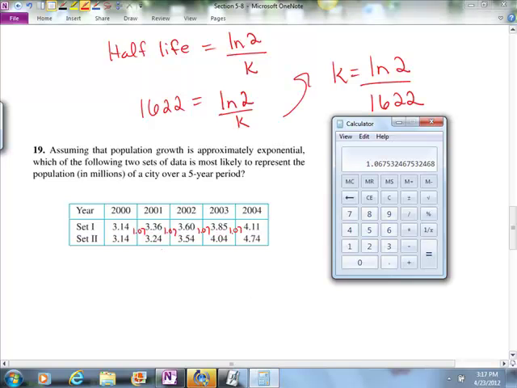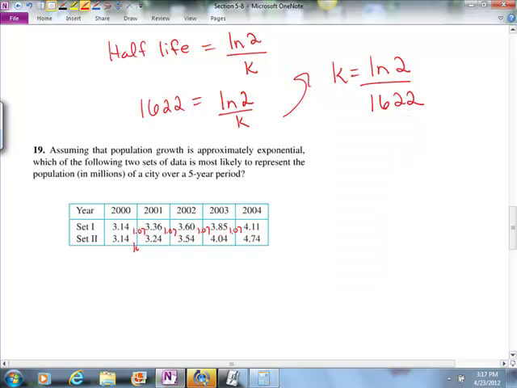Whereas at the second set of data, if I do 3.24 divided by 3.14, I get 1.03. If I do 3.54 divided by 3.24, I get 1.09. So right away, that is not looking like it's going to be exponential.